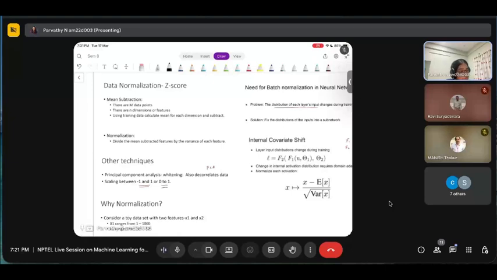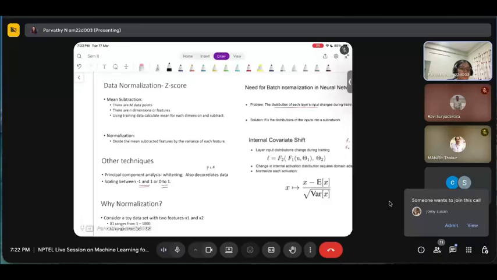Then coming to data normalization. Before we give the data to the neural network, as we mentioned yesterday, it is good to visualize the data to see the features and how the features vary.